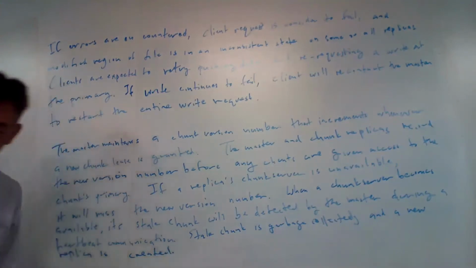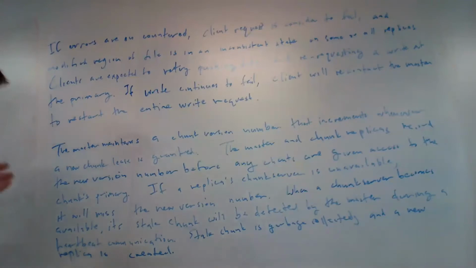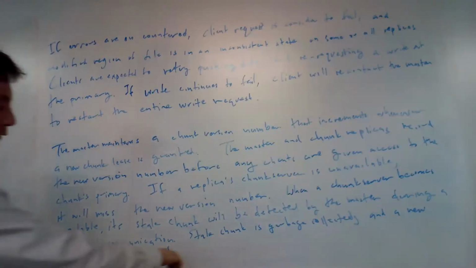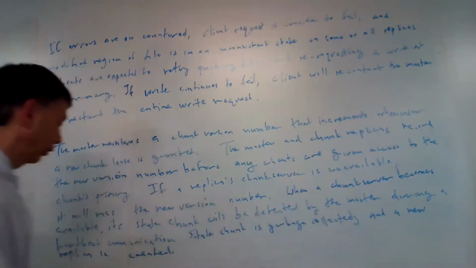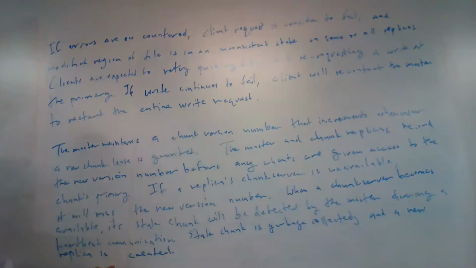So what happens is the master says, all right, I don't know what happened to you, but your chunk is out of whack somehow, and we don't know how it's out of whack, so the whole thing is going away. So the stale chunk is simply marked for garbage collection as being available for deletion, and then a new replica is created from one of the replicas that's actually in sync.